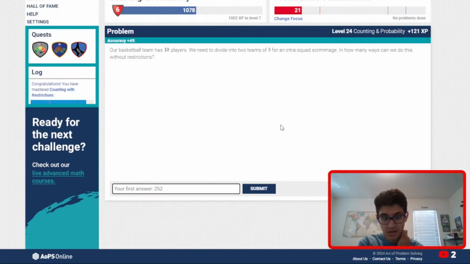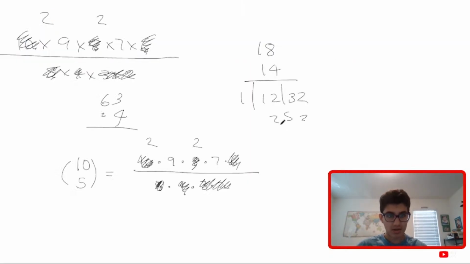Into two teams of 5 for an inter-squad scrimmage? It's just 10 choose 5, so I don't know the problem with that. 10 times 9 times 8 times 7 times 6. How is this wrong?